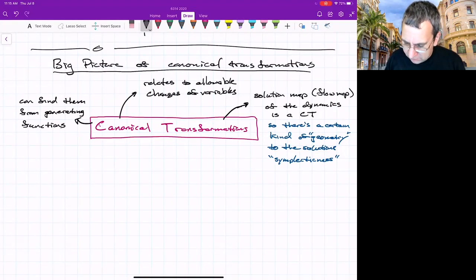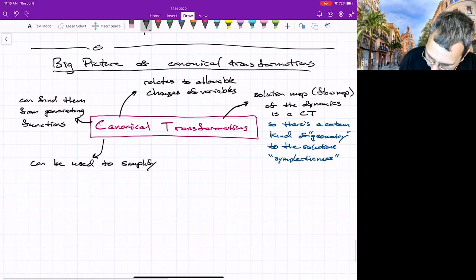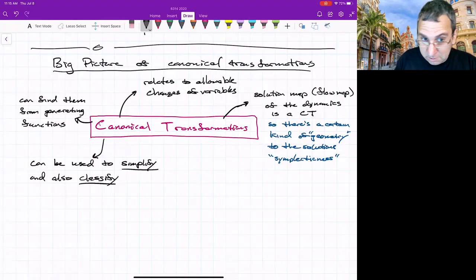What else motivated the canonical transformation things? We want to do changes of variables, but we want to do changes of variables that simplify a problem. They can be used to simplify. That seems good. But also perhaps to classify Hamiltonian systems.